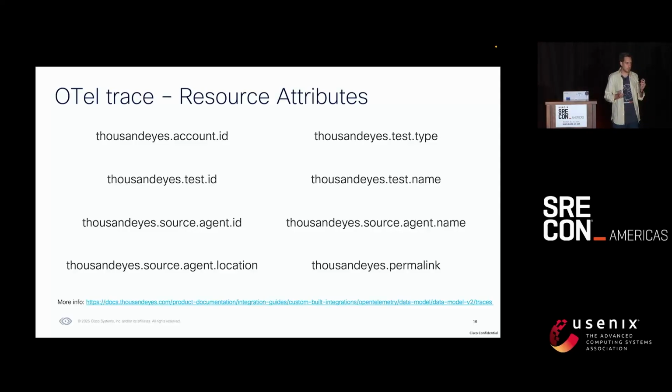Here we're going to have information like the agent name, agent location, agent type, all those things. And then a permalink, because it's super useful when you are debugging a problem: you identify the problem, but you're going to need to jump into ThousandEyes to have the whole picture, the whole overview about that network issue. Let's jump through the permalink.